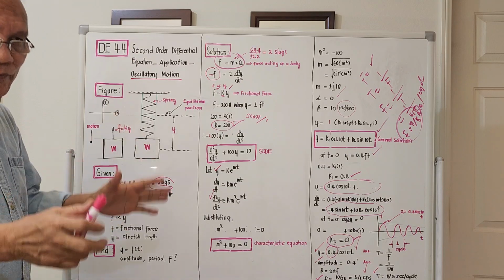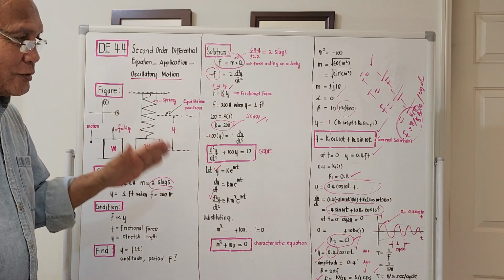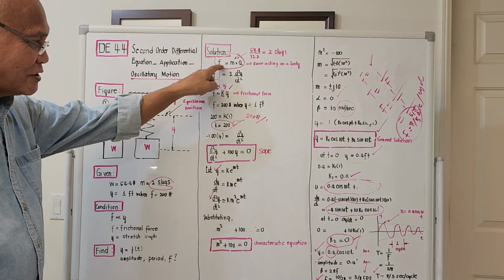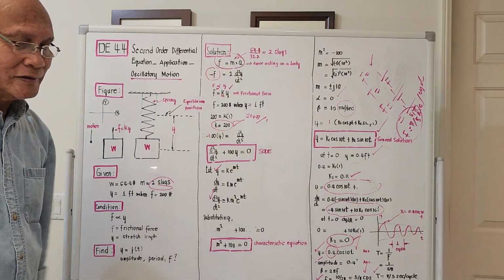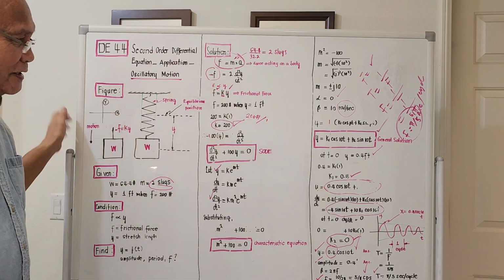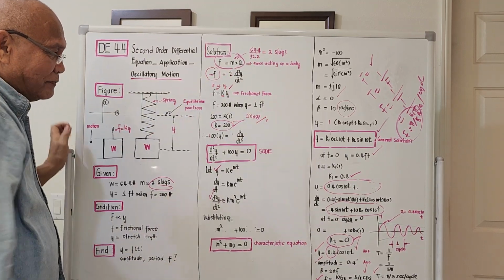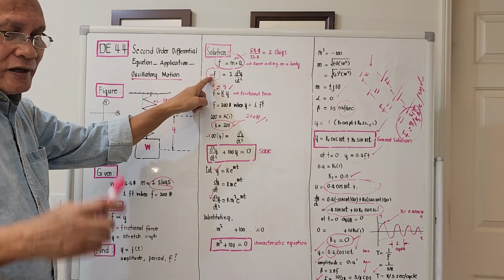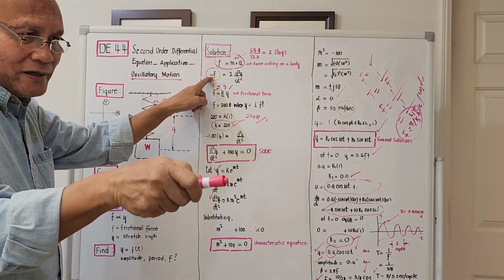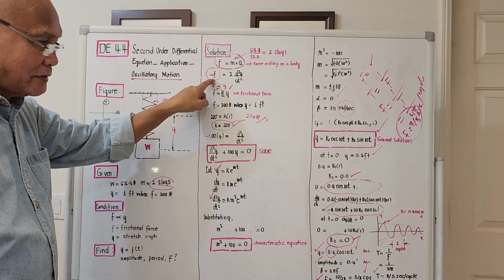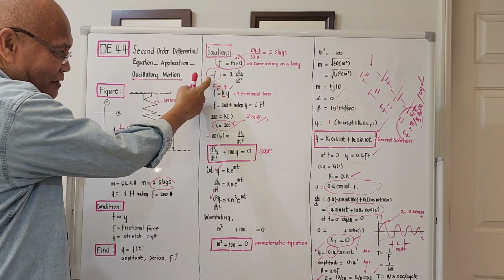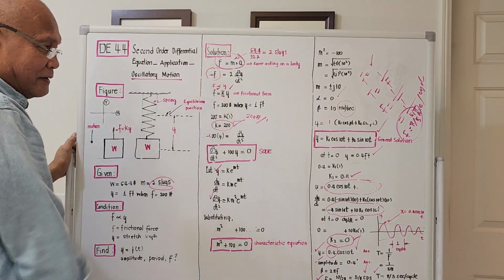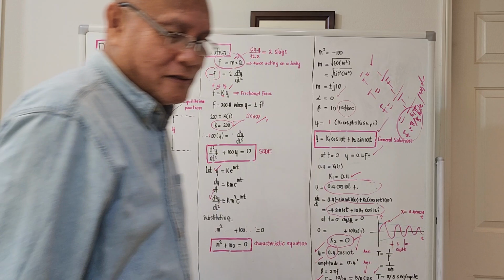If a body is moving, the equation should be something like force is equal to its mass times acceleration. For the left hand side, it could either be positive or negative. If the force is with the motion, it should be plus. If the force acting on the body is against the motion, it should be negative. That's why the left hand side is negative.